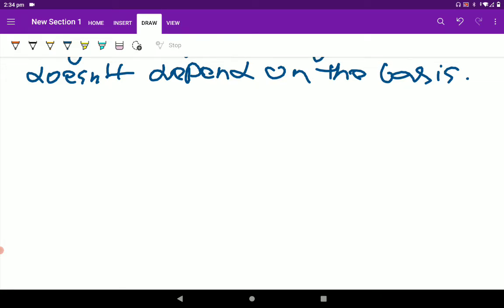So if we have a crystal of some Bravais lattice but different bases, then we have the same reciprocal lattice.